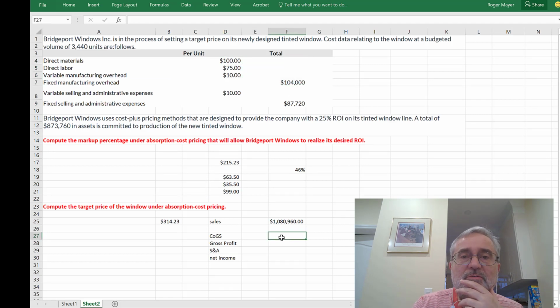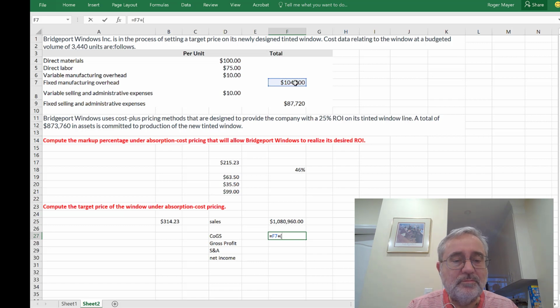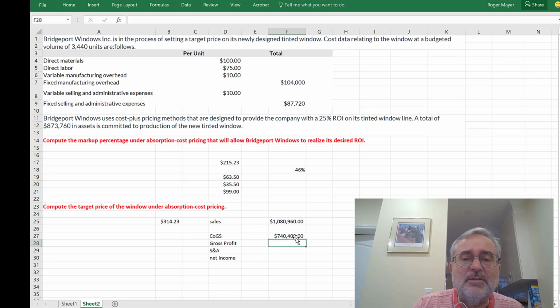Our cost of goods sold is going to be the manufacturing cost. So our cost of goods sold is going to be our $104,000 fixed cost plus the variable expenses, and the variable expenses are the sum of these items here, and we multiply this by 3,440 units and come up with our cost of goods sold of $740,400. So gross profit is essentially our sales minus our cost of goods sold.